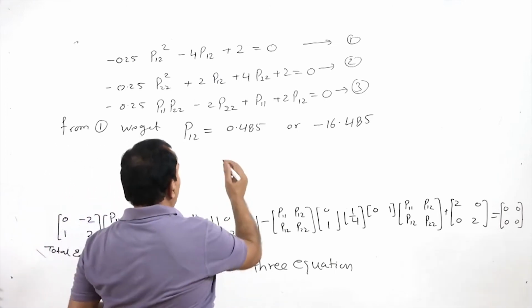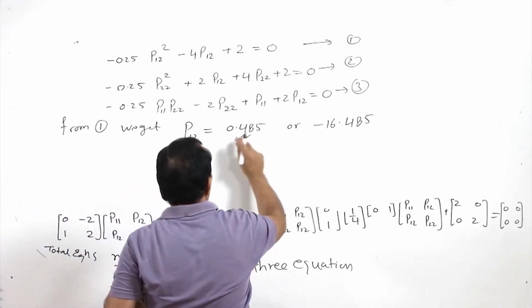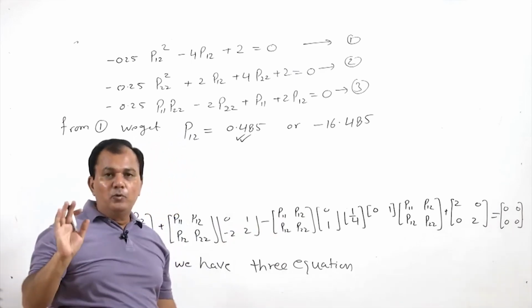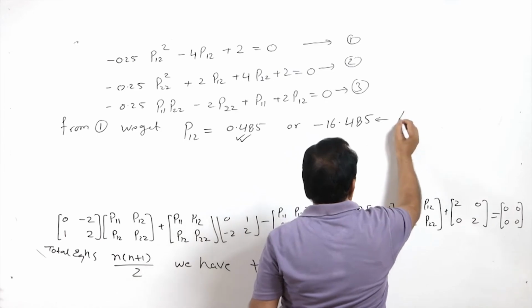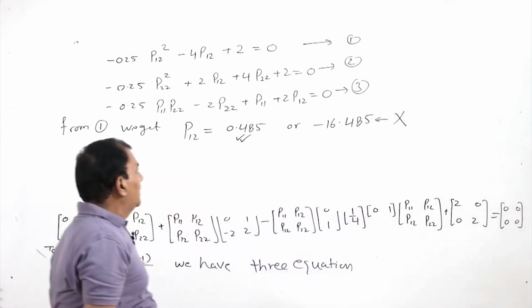We retain the first value because it gives me P to be positive definite, and this other value we discard. So, this we will not take.